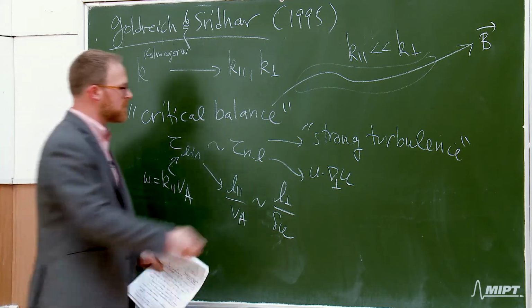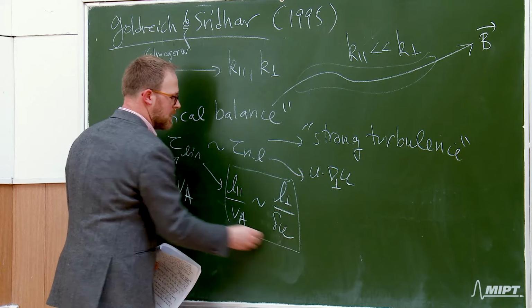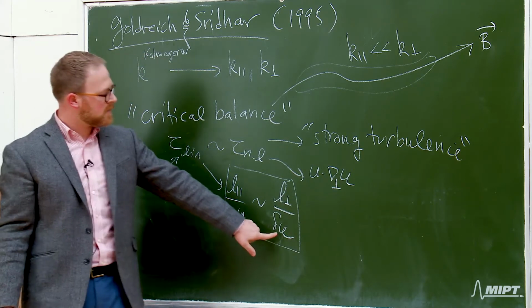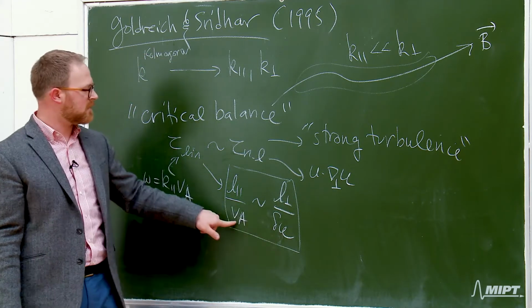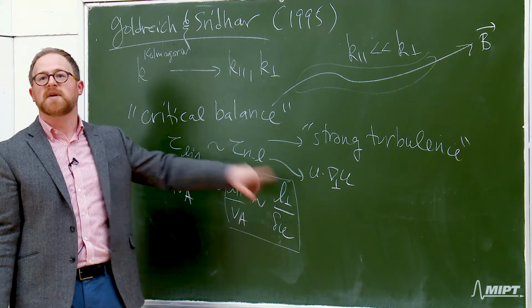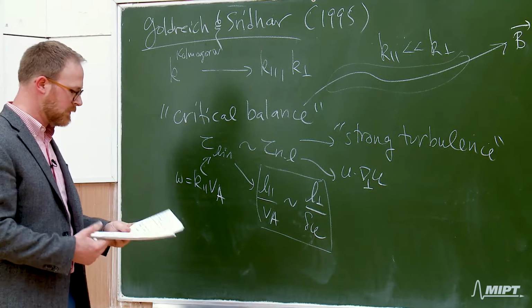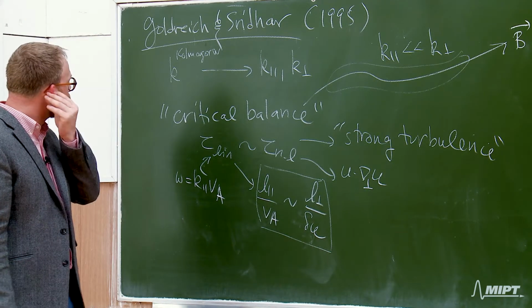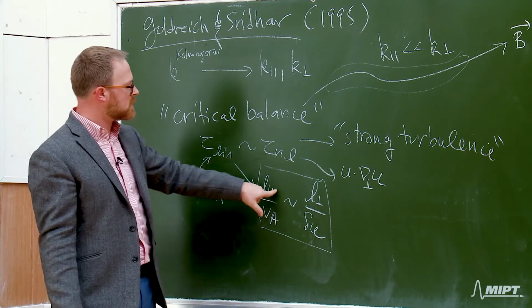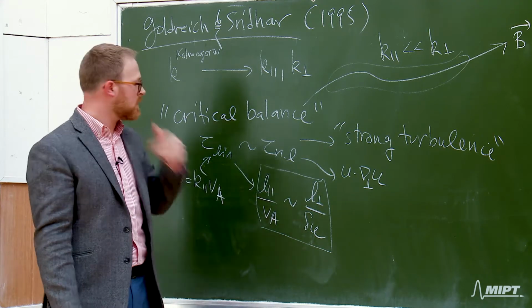And so this is the critical balance. This is how the fluctuation amplitudes are related to the Alfvén speed through the anisotropy of the eddies. So this is what joins the parallel and perpendicular scales together.